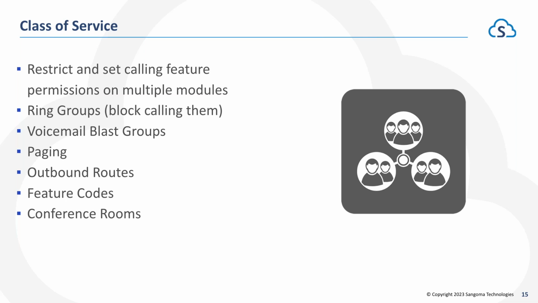So if you don't want your users to find out what those feature codes are and potentially be able to listen in on the CEO's telephone calls, you can restrict access at the extension level for what feature codes they have access to. Same with conference rooms. You can secure your conference rooms by making sure that certain users cannot get into certain conference rooms. So that's class of service.